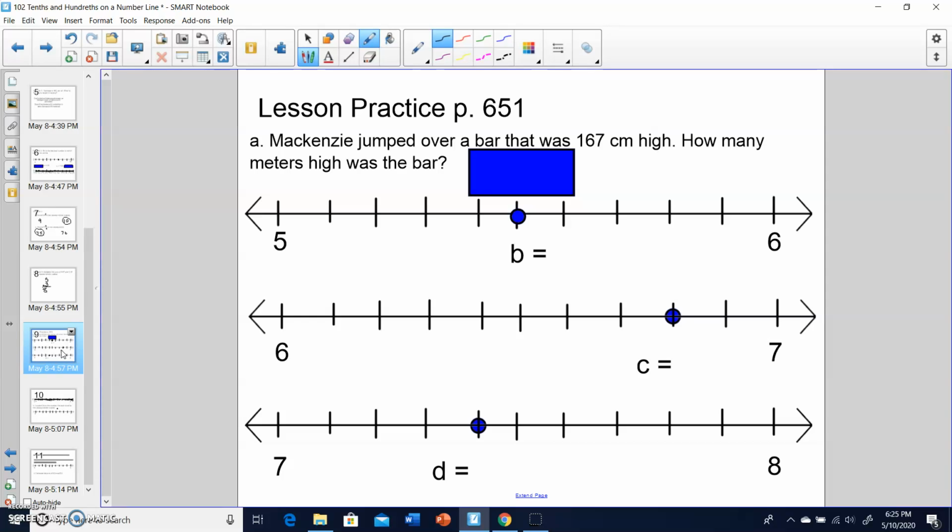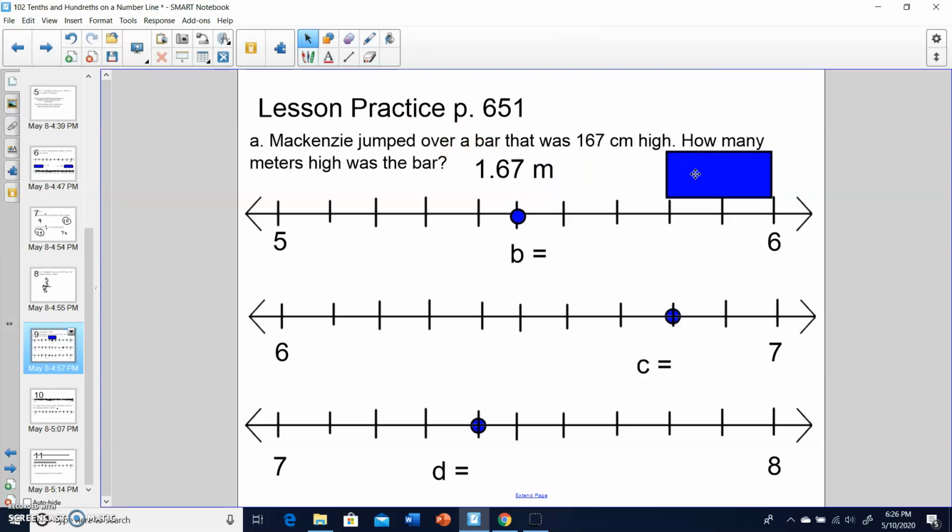So she jumped 1 whole meter, and then how much more? Okay, so 1 whole meter, and how many more centimeters? Okay, so 1 and 67/100 of a meter. So 67 more centimeters.